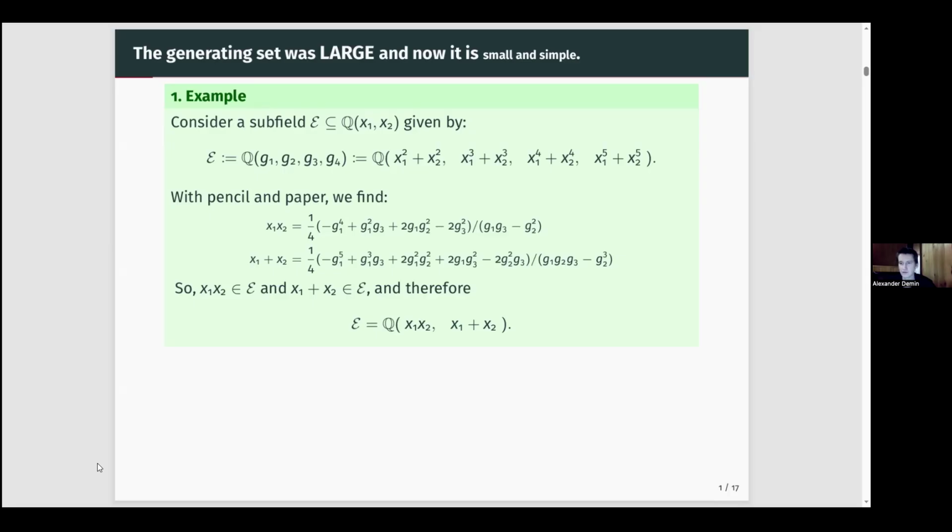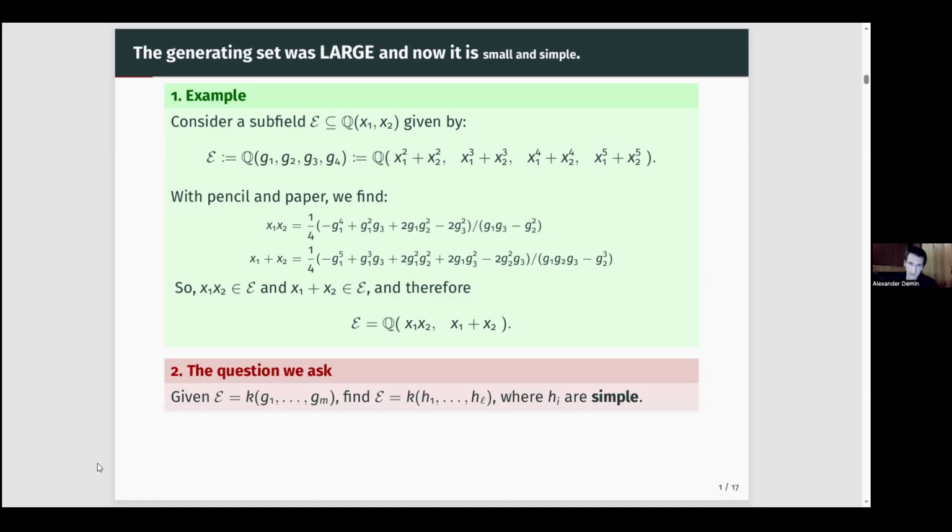Not only is it somehow more interpretable, but it also has fewer elements, smaller degrees, and it's quite compact. And this is precisely the question that we will ask in this work. So given some generating set of a field, find another generating set which is simpler.